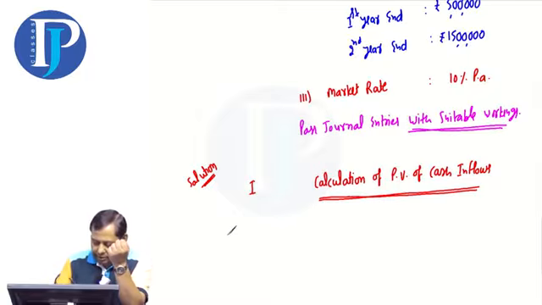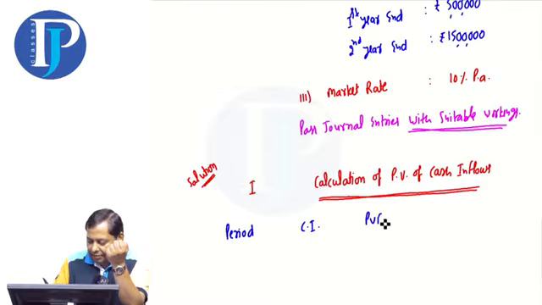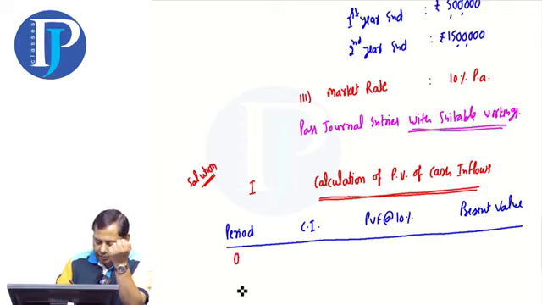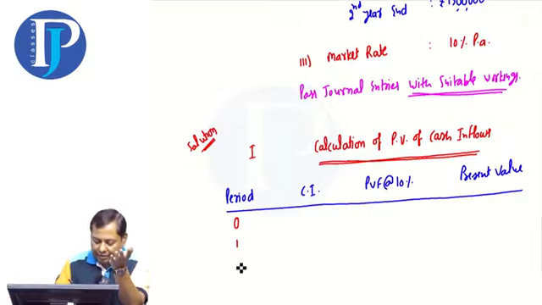The first column will be period. The second is cash inflows. The third is the PV factor at a rate of 10%. Here we'll write present value. First, 0 period. What does 0 period mean? Down payment, money that comes today. Year 1, year 2.